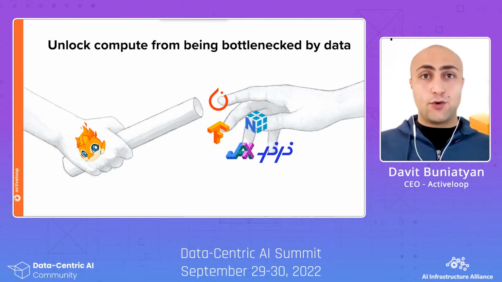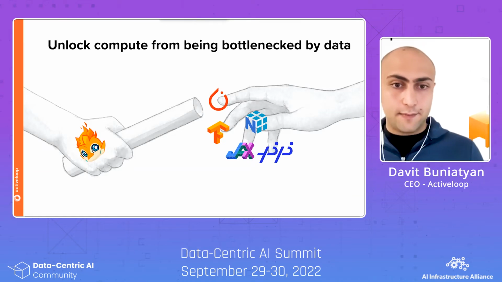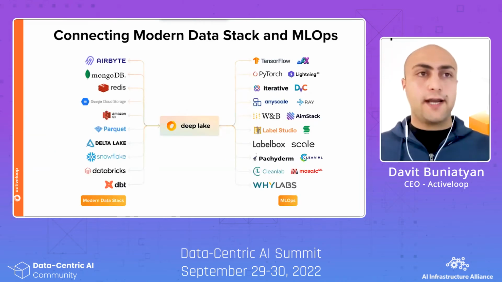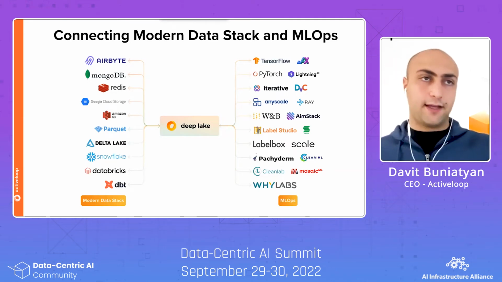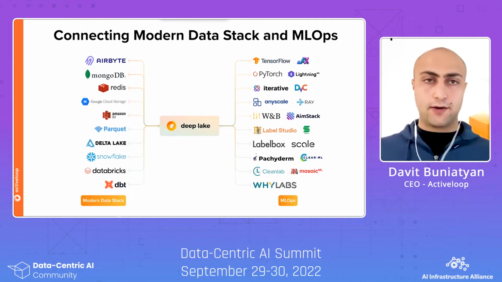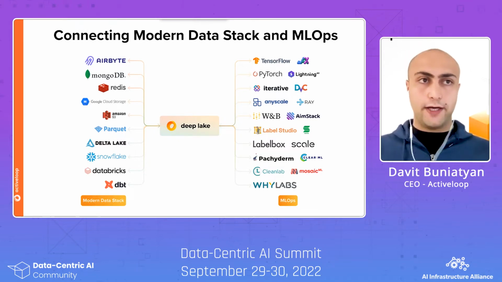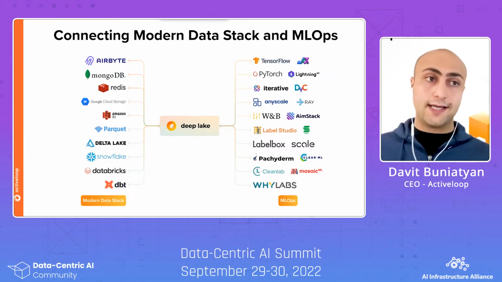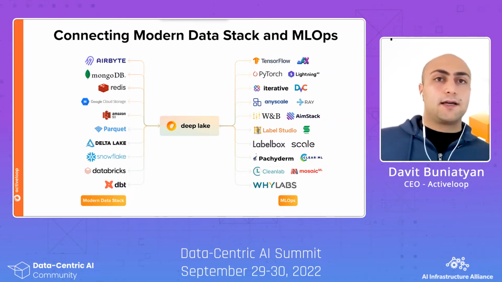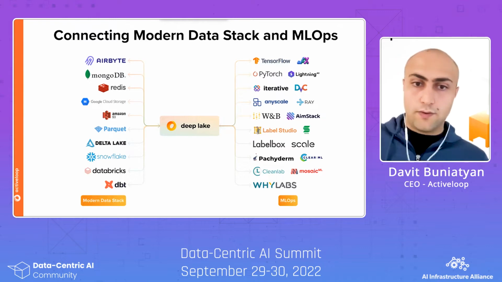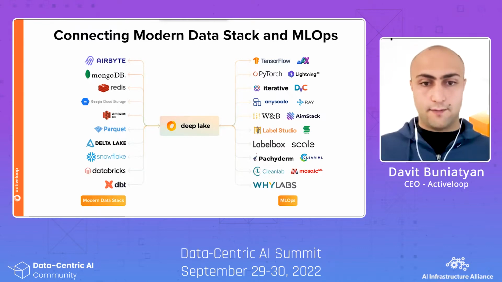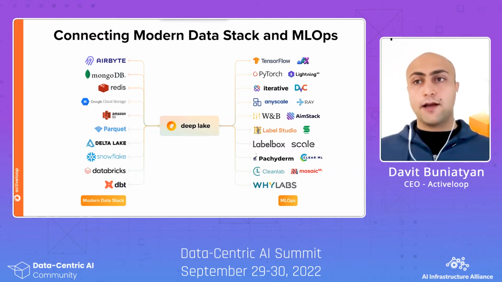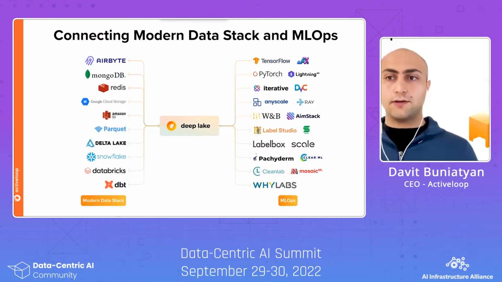And let me show not only the integration to the deep learning frameworks, but also bringing together the modern data stack that has evolved pretty significantly and separately from the MLOps ecosystem, and then having a conjunction point where you can use all your data that may be stored in traditional databases, maybe in your data lakes, maybe in your lakehouse, and connect through Deep Lake to the rest of the MLOps systems with partnership integrations with, let's say, Weights and Biases, AimStack, Anyscale, and all the technologies, including some of our annotation tools.